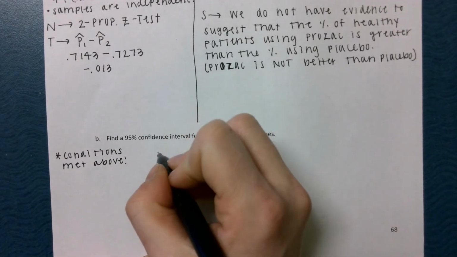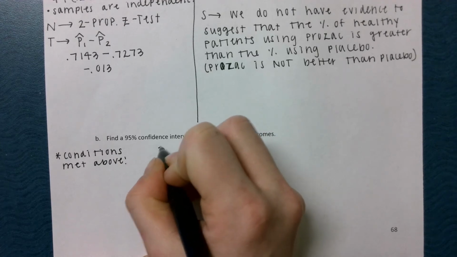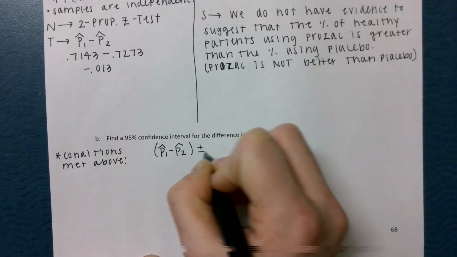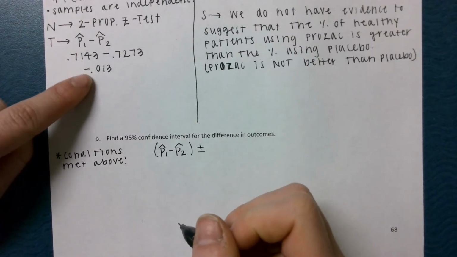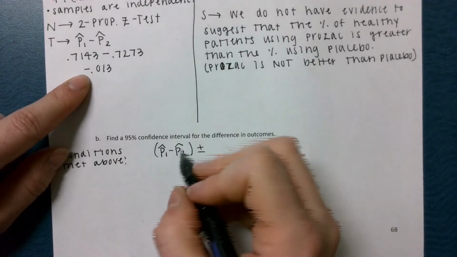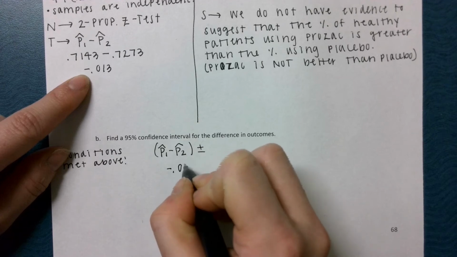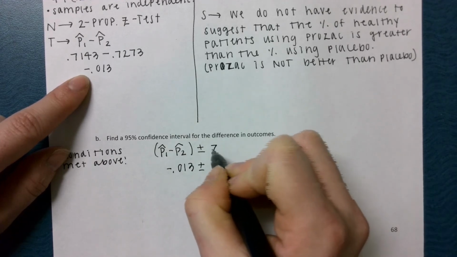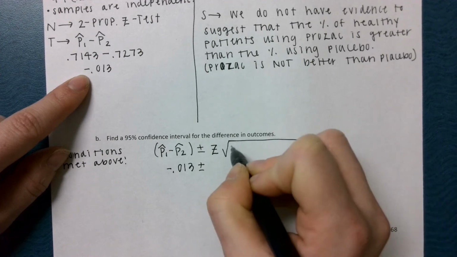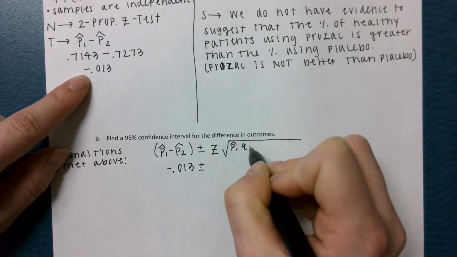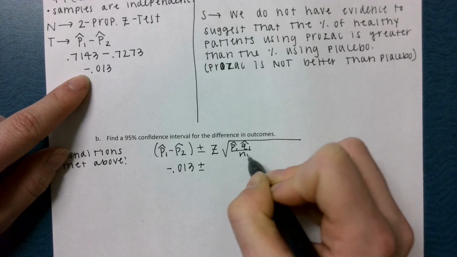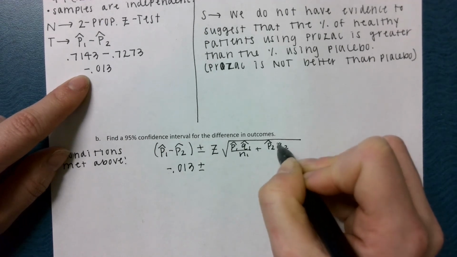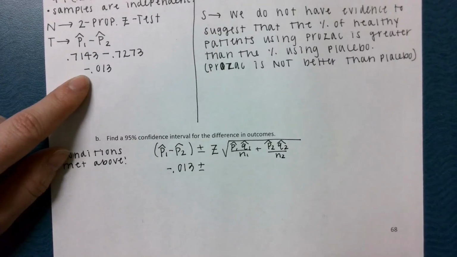So I'm going to start with finding the difference in my p-hat1 and p-hat2. Should match my test statistic up here, so I'm just going to go ahead and put that there. Next, I have my z-score times my standard deviation. Remember, no pooled for confidence intervals, just using your actual p-hats from your samples.